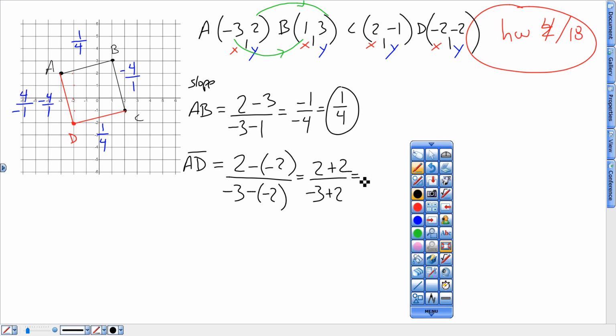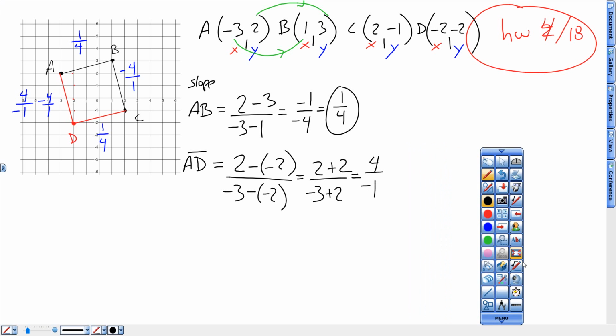That gives me that 4 over -1 look. But remember, the way I like it is written like this, where you're going right 1, down 4. So again, looking at that supports my math. Both those show a right angle. If I have a 1/4 slope going this way and then a -4/1 going this way, that proves that's a right angle in there.